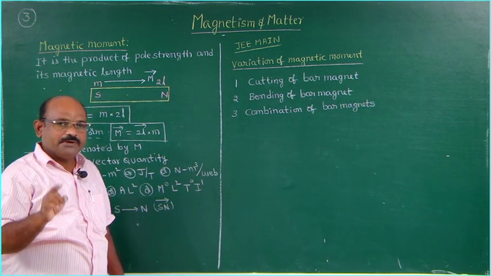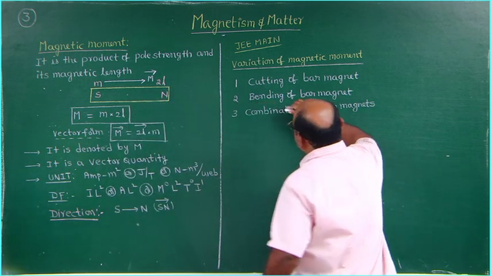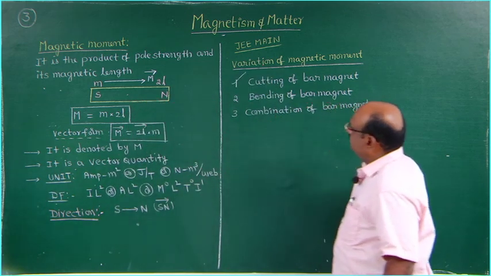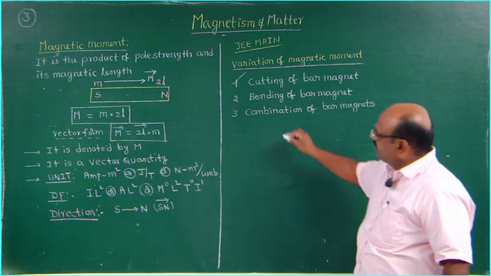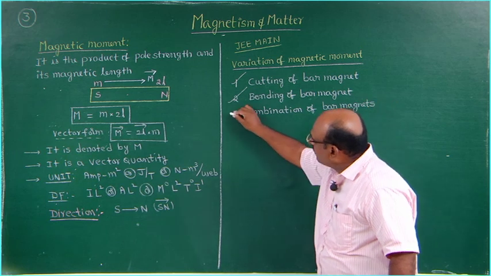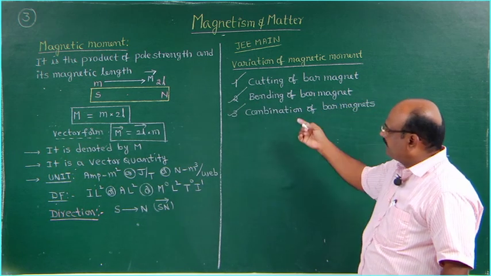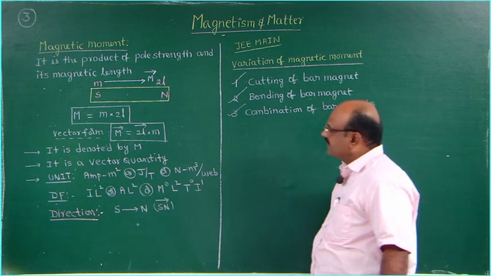So, the magnetic moment of the bar magnet may vary under these three activities. If you cut the bar magnet into pieces, during the cutting of the bar magnet, the magnetic moment may vary. During the bending of the bar magnet, the magnetic moment may vary, and during the combination of bar magnets, the magnetic moment will be changed. So, these are all the three important side headings.